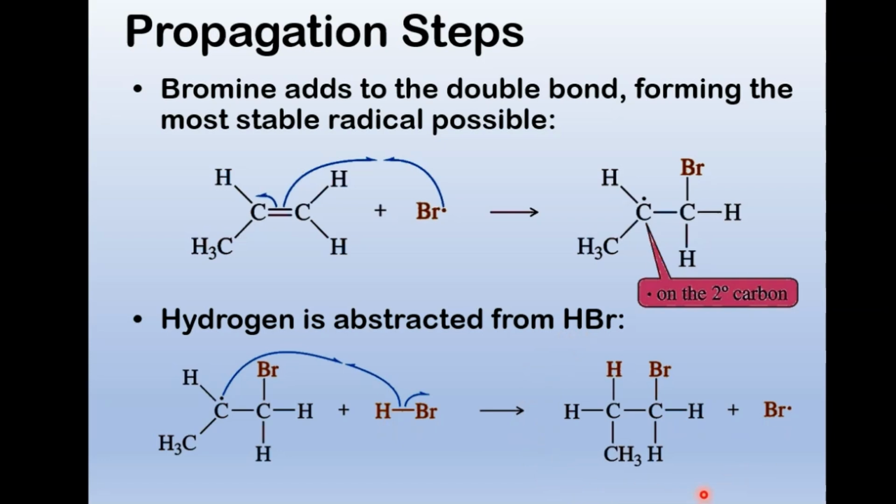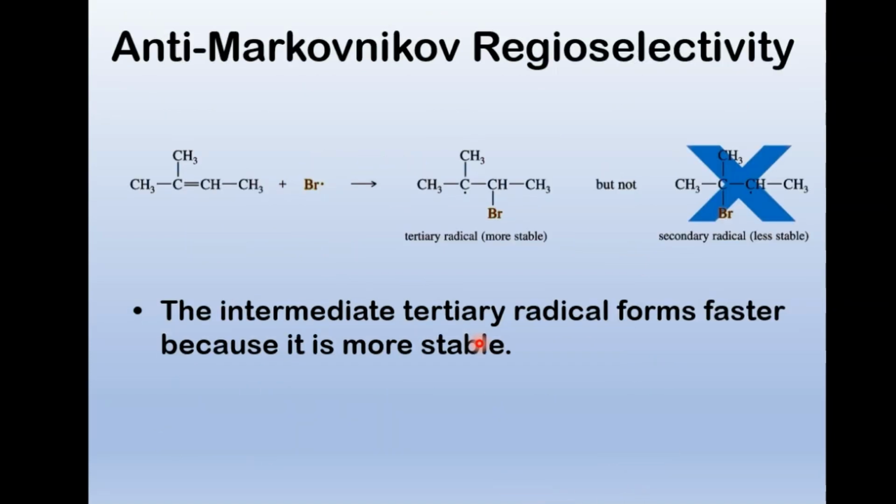Here's our product that has anti-Markovnikov regioselectivity. Markovnikov, we put the bromine here and the hydrogen here. Anti-Markovnikov, the poor carbon gets a little richer. This rich one didn't get any richer. It still has its two hydrogens. Anti-Markovnikov regioselectivity. So the hydrogen's going to end up there. We don't want to form a secondary radical. Nature can form a tertiary radical.